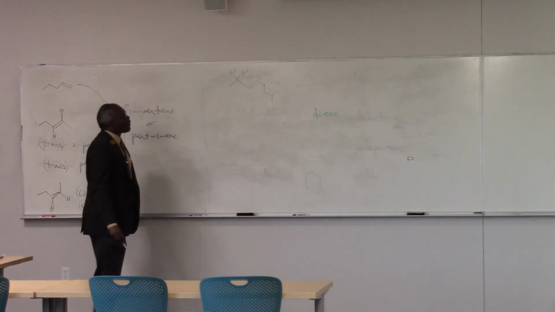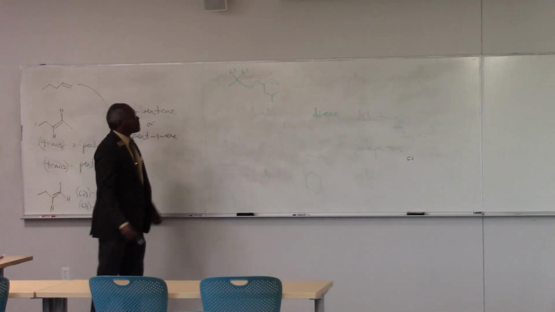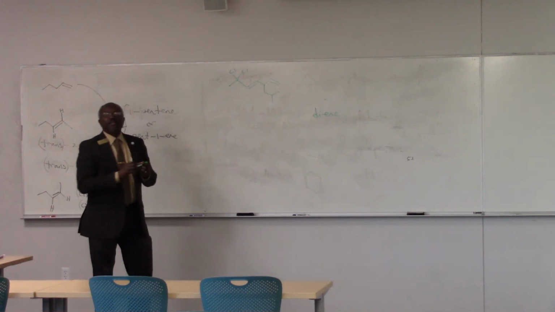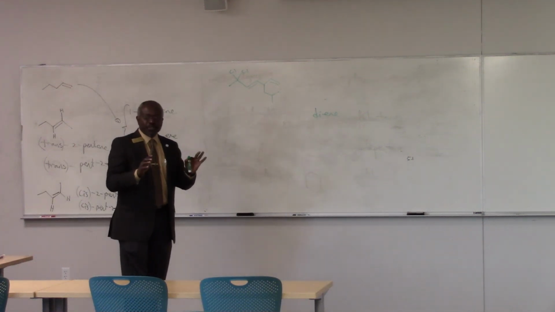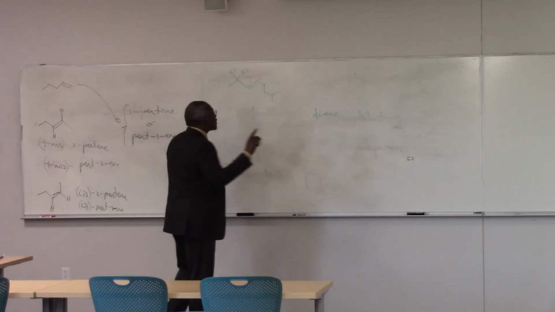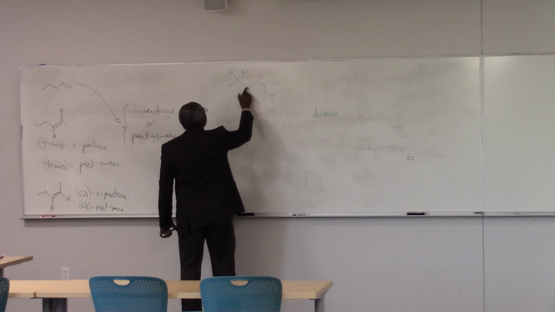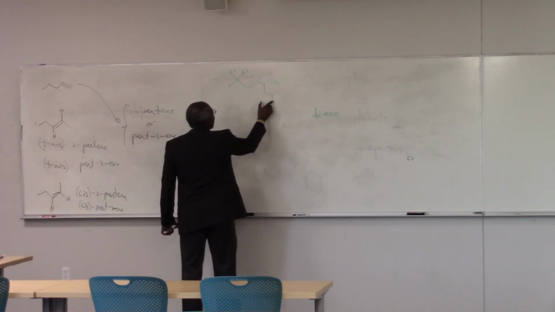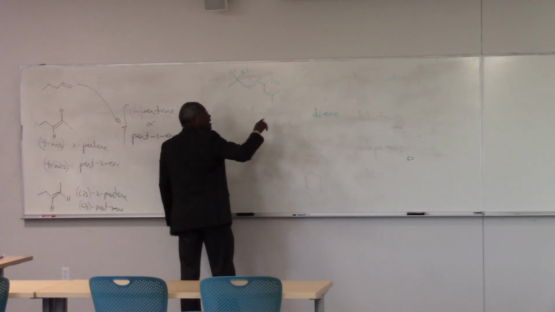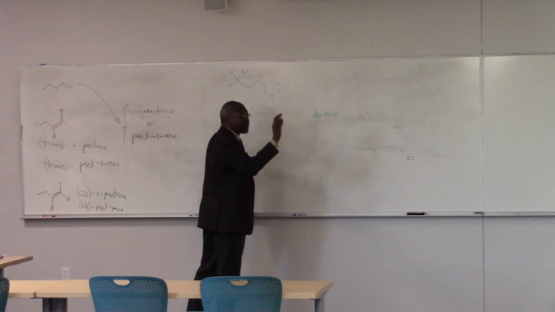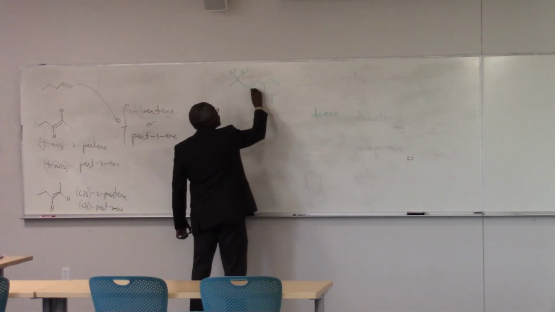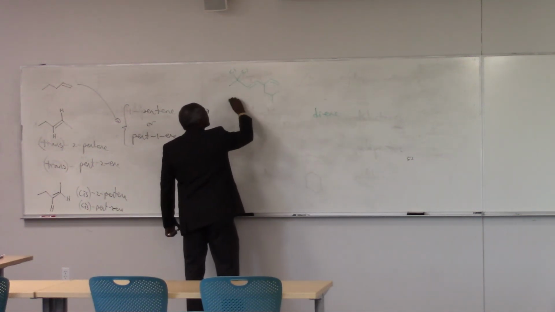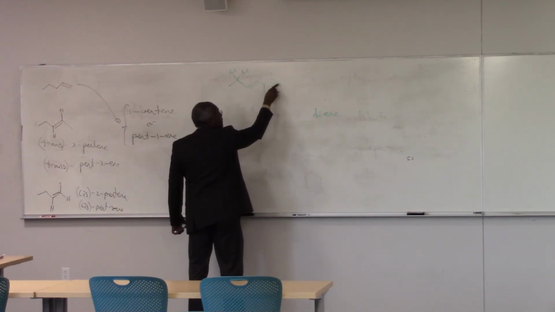And now I want the longest carbon chain that includes the major functional groups. Because if I look at the longest chain, that's going to be 1, 2, 3, 4, 5, 6, 7, 8 carbons. But the longest chain that contains the major functional groups, which in this case are the 2 vinyl groups and the chlorines, is 1, 2, 3, 4, 5, 6, 7.